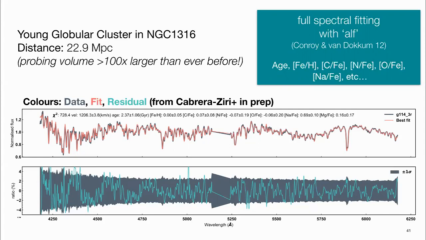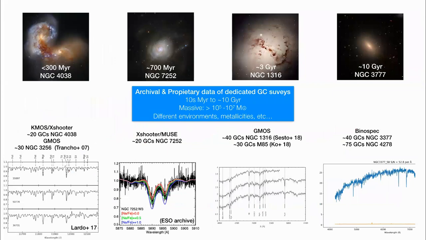And I think, yeah, soon we're going to be able to test these scaling relations. So how are we going to do this? The idea here is to compile data from the literature that already exists of clusters with different ages, masses, metallicities, environments, and see how robust the scaling relations that we see in nearby clusters are.